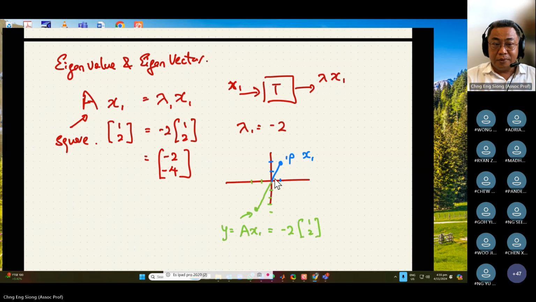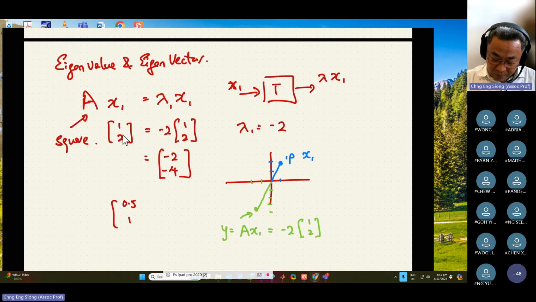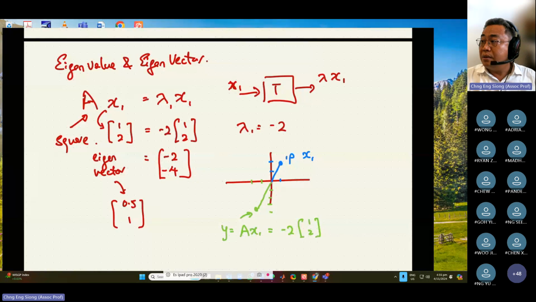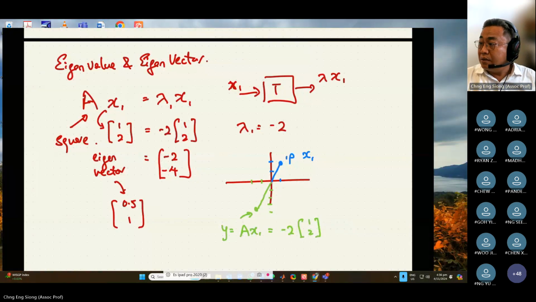Okay. Now, if 1, 2 is an eigenvector, what about 0.5, 1? So now we call x1 an eigenvector. What about this guy?